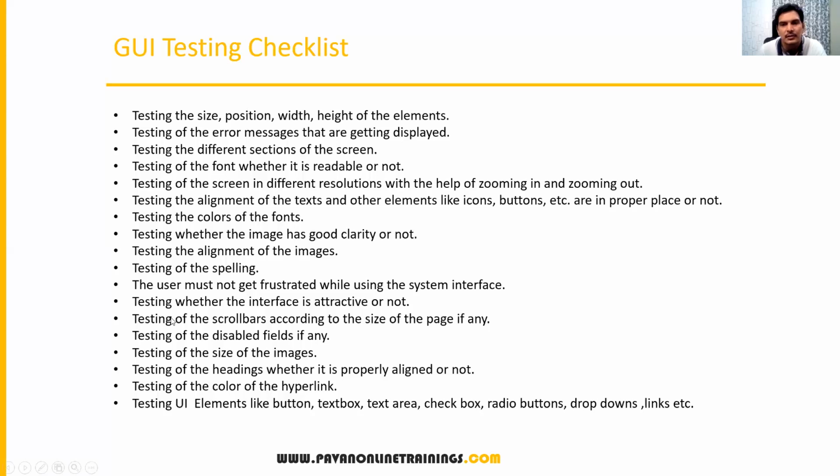And the next one is testing whether the interface is attractive or not. Interface is nothing but again UI, so that should be very attractive. Testing of the scroll bars according to the size of the page. Sometimes if your page is very small and has small content, the scroll bars will not appear.